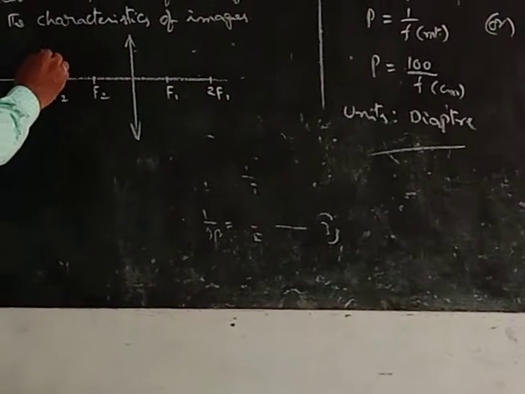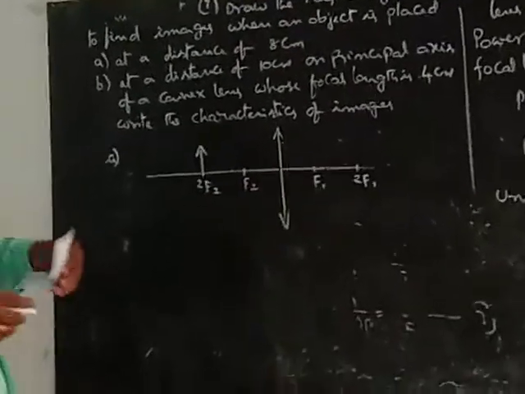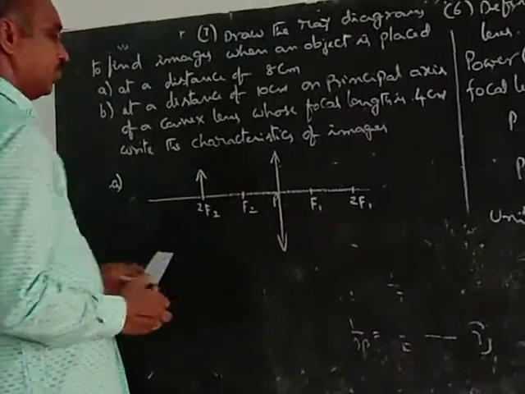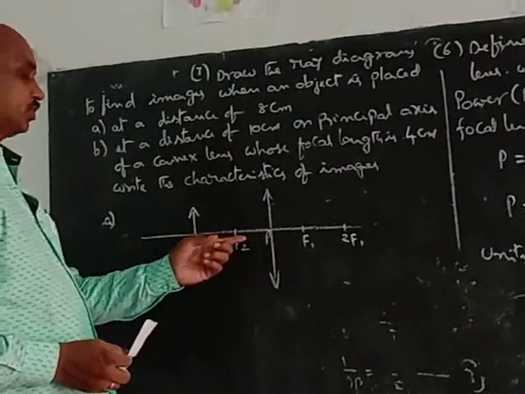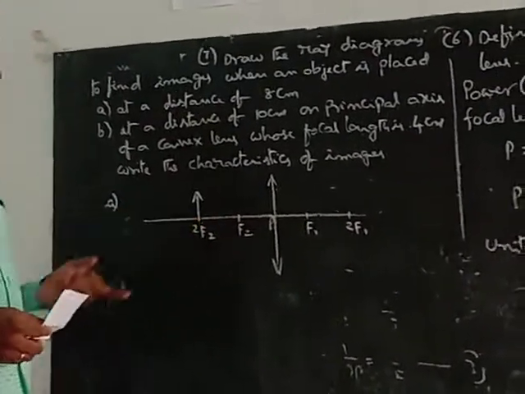Here the object is placed at a distance of 8 centimeters. The focal length is 4, so from P to 2F2 is 8 centimeters.